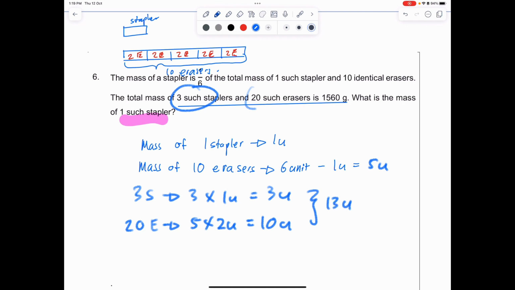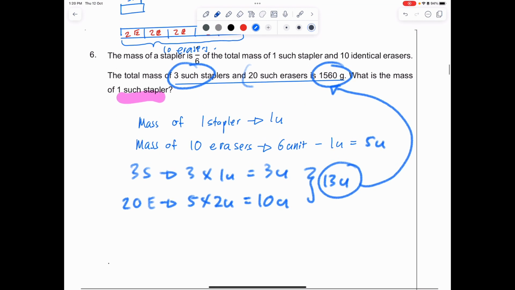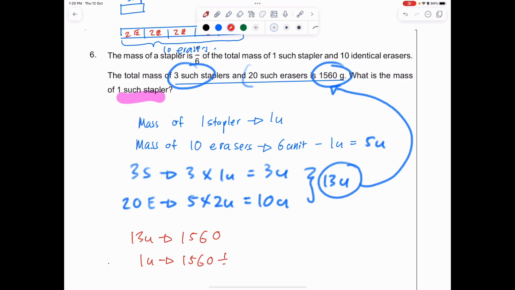Now, why are we converting it to units? Because don't forget, we know what the total weight is. So because of this, we know that 13 units is equivalent to 1560. 1 unit, we can then find: it is 1560 divided by 13.